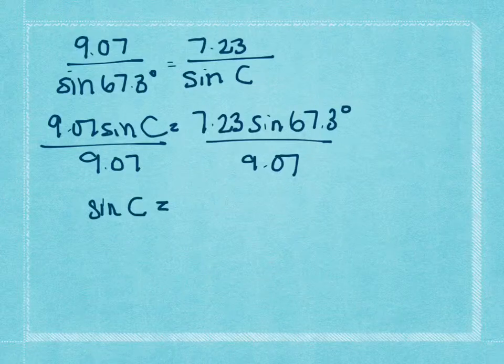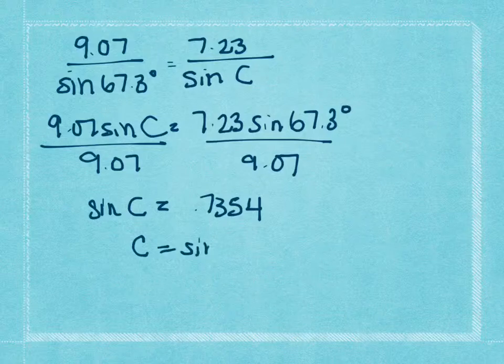What value do you get on the right, to 4 decimals? 7.23 sine 67.3 degrees divided by 9.07. Did we get that? Okay, great. And then how do we find angle C? Arc sine or inverse sine, yes.